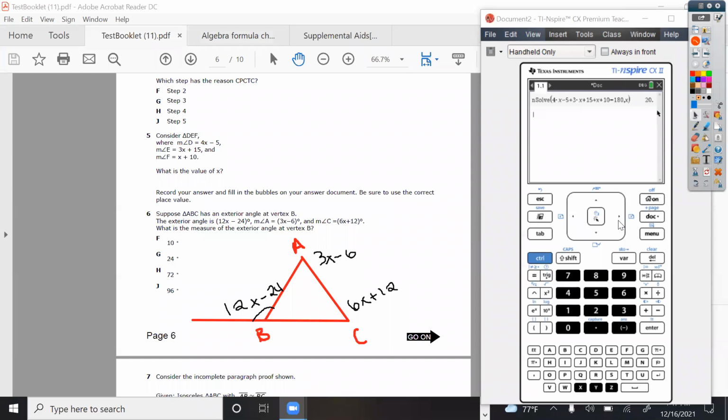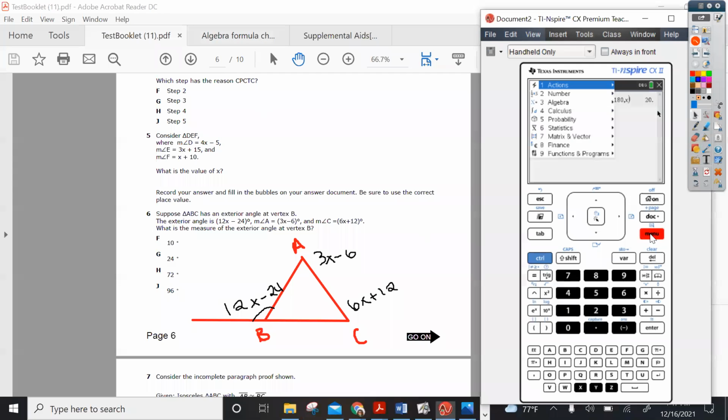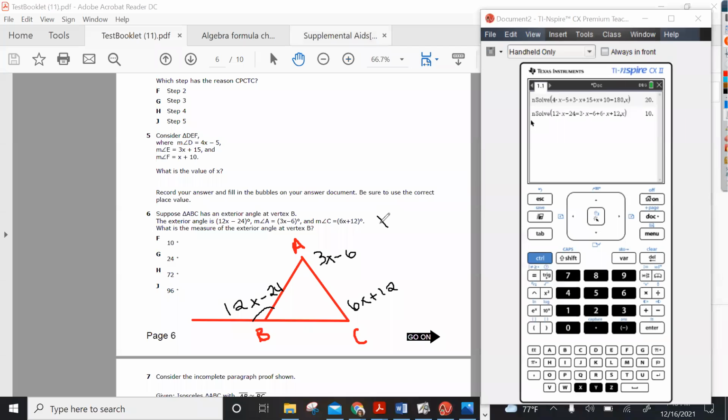So we're going to use system solve, setting these equal to each other because that's what the rule is for exterior angles. So algebra, numerical solve, 12x minus 24 equals 3x minus 6 plus 6x plus 12, comma x. It says that x equals 10.